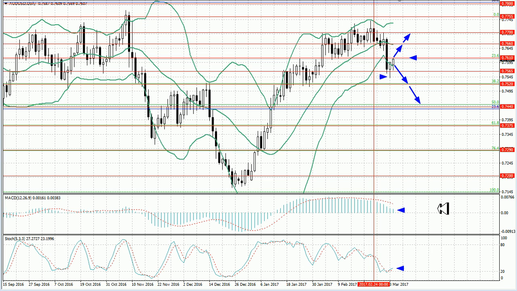In this situation, long positions could be opened above 0.7610 with targets at 0.7660, 0.7700. In case of the actual breakdown at 0.7565, short positions should become relevant with take profits at 0.7520 and 0.7440.